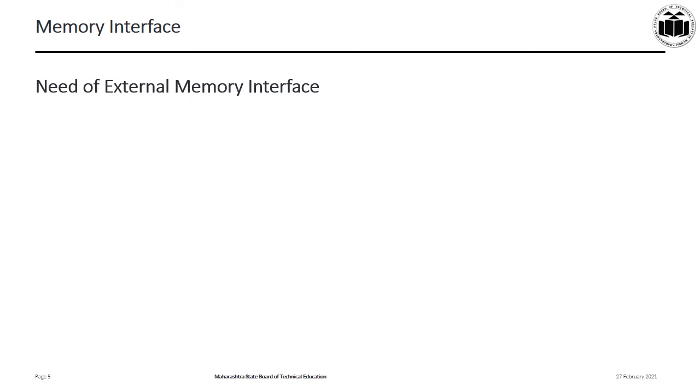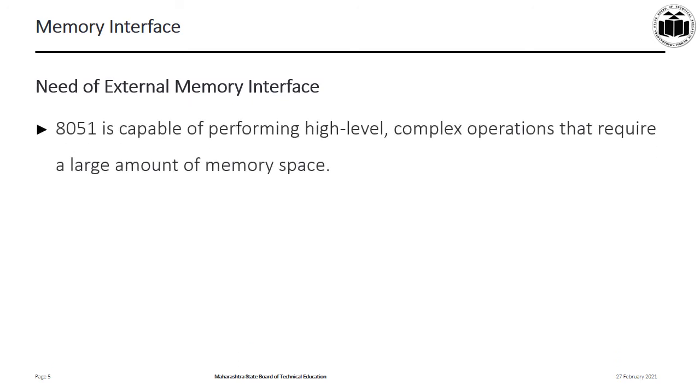Let us look at the need of external memory interface. 8051 is capable of performing high-level complex operations that require large amount of memory space. Now we know that 8051 has on-chip 4 kilobytes of ROM and 128 bytes of RAM.